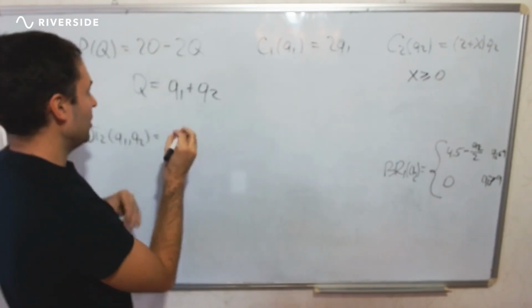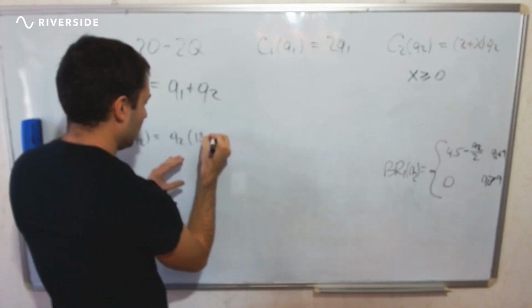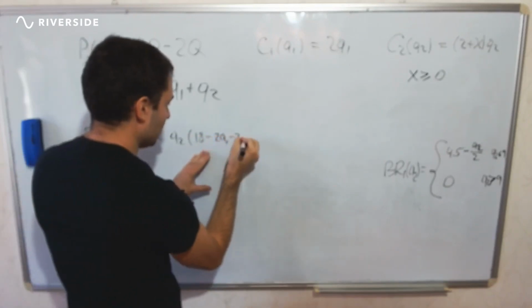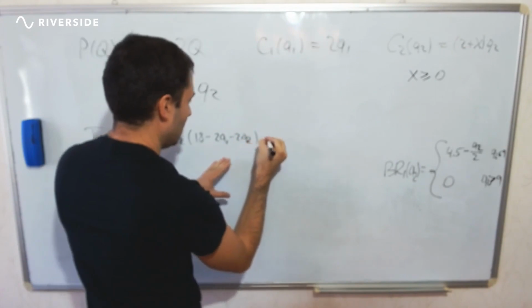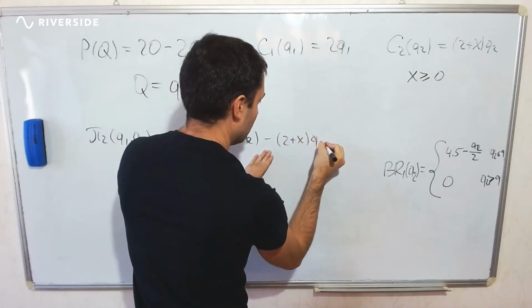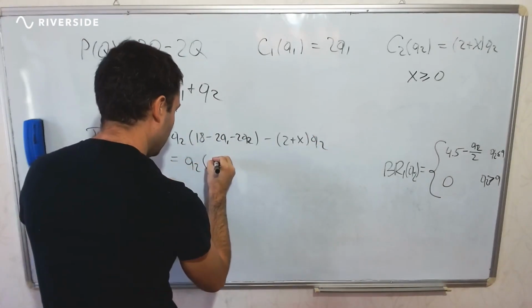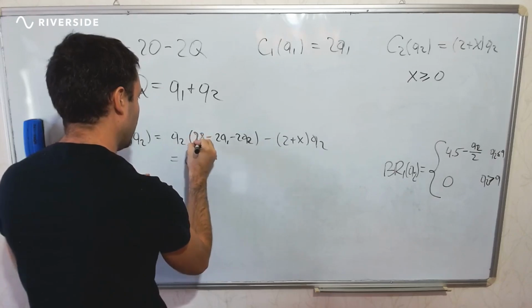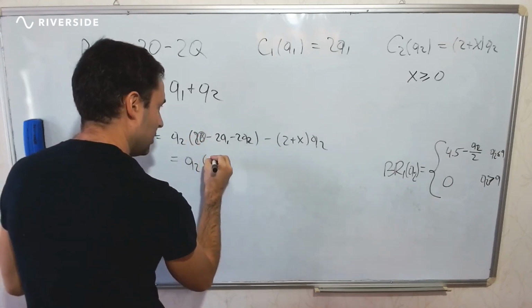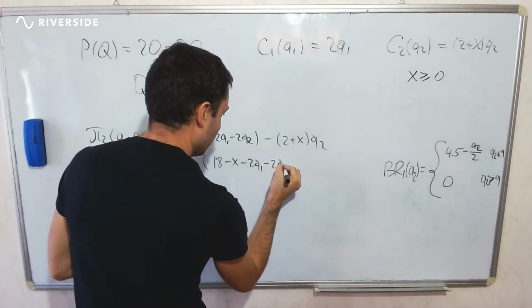And now it will be Q2 times 20 minus 2Q1 minus 2Q2, minus the cost, so 2 plus x times Q2. Therefore, overall, it will be Q2 times 18 minus x minus 2Q1 minus 2Q2.